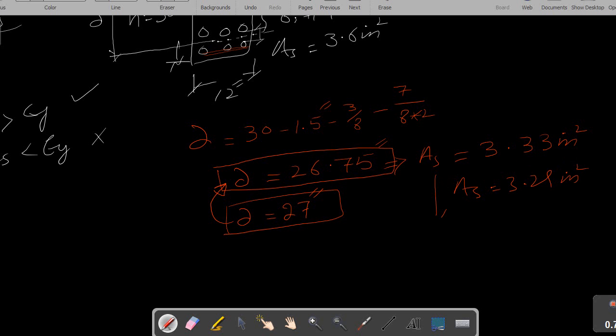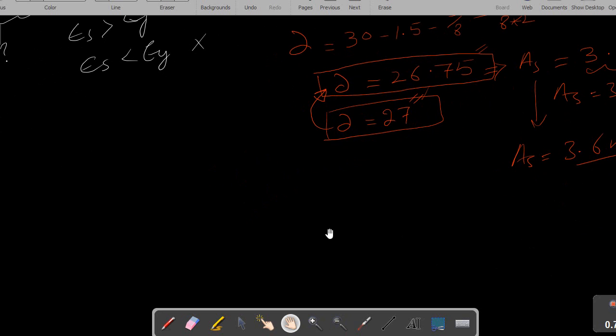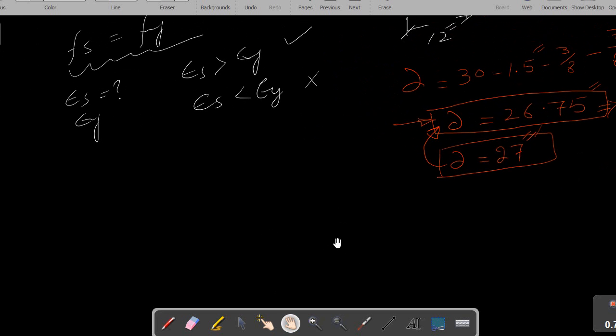And we are already providing an area of steel of 3.6 square inches to the section, which is well above this value. So the difference is small and does not affect the design up to a certain limit. So our D value used in the calculation will be this one. Let us calculate the epsilon s value.